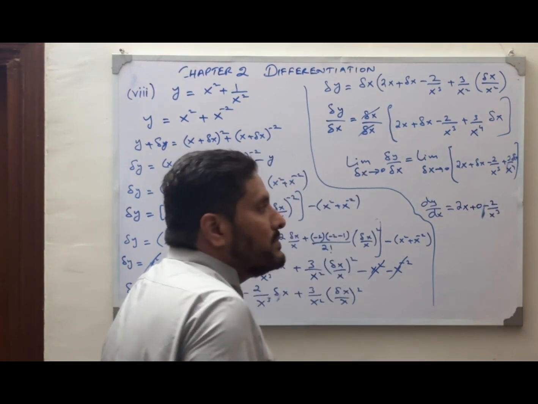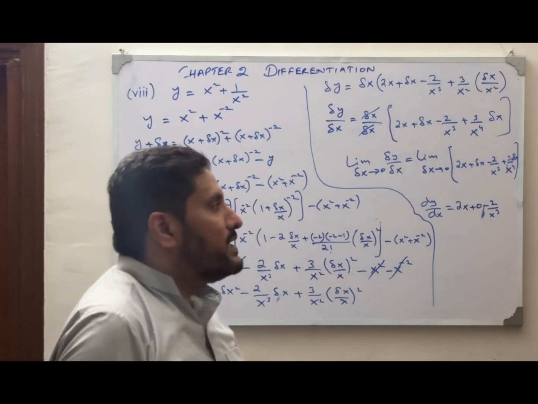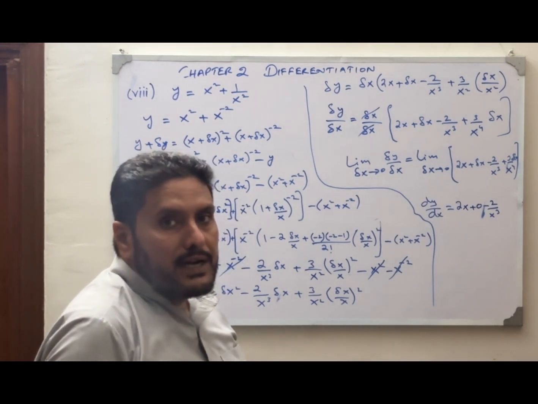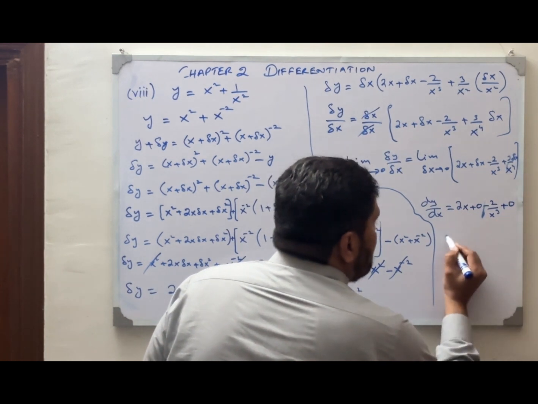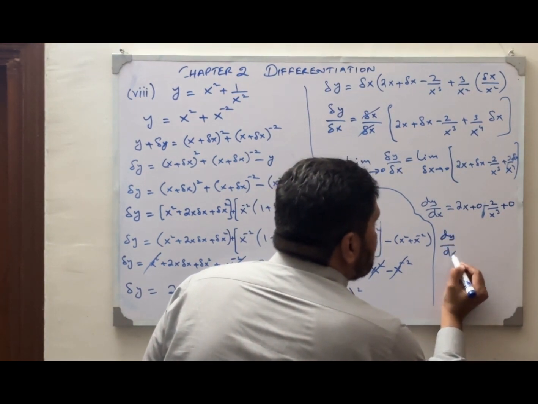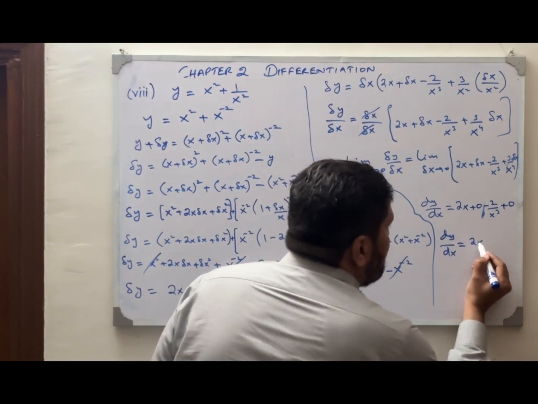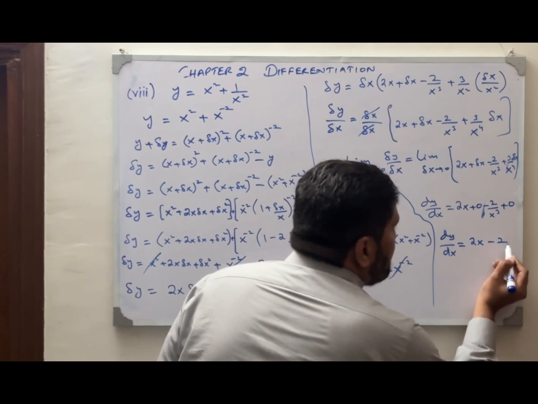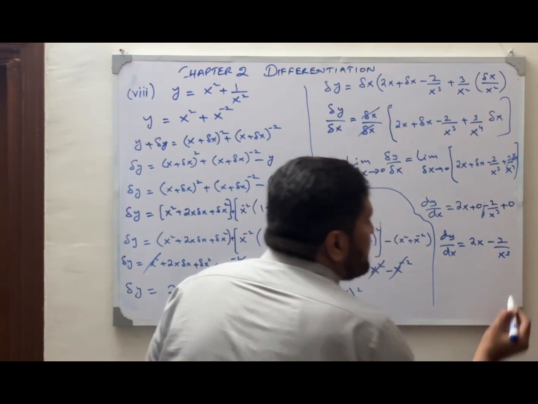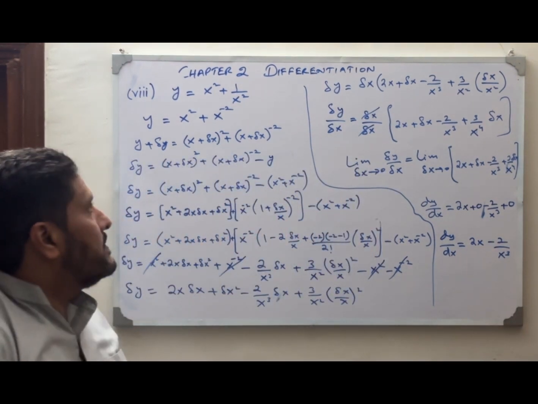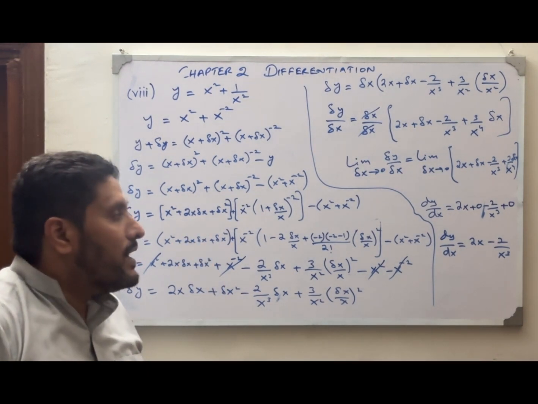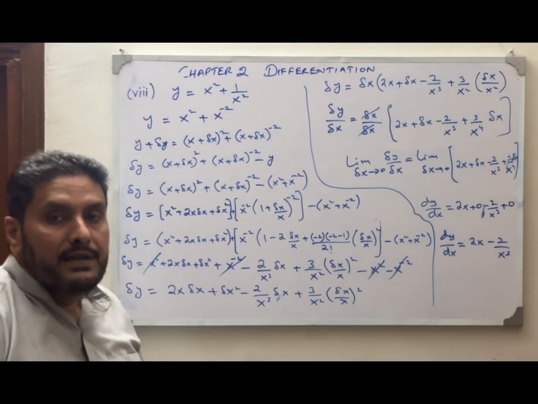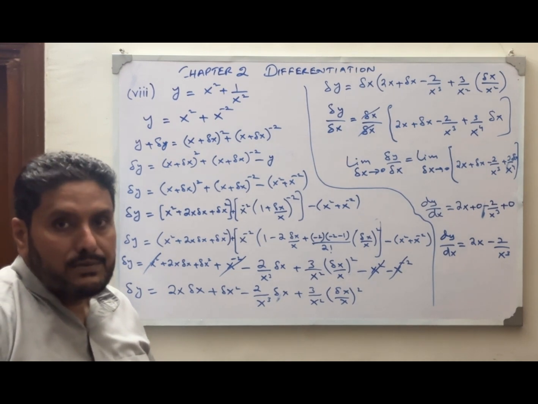And for the fourth term, delta x is multiplying with this term, so that whole term will become 0 as well. So our dy by dx is equivalent to 2x minus 2 by x cube. So this will be the result for this given function, and we have calculated the derivative by using the Ab Initio method.